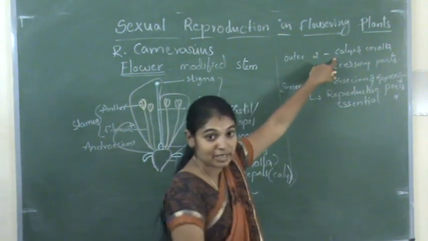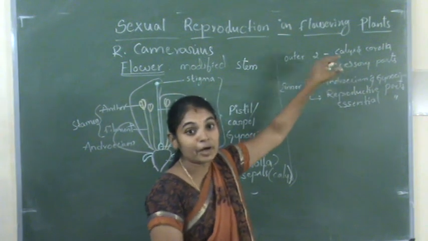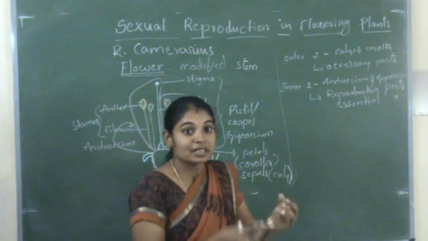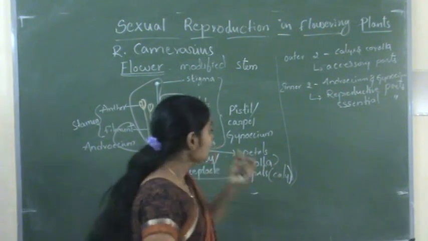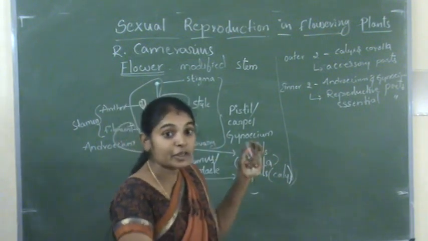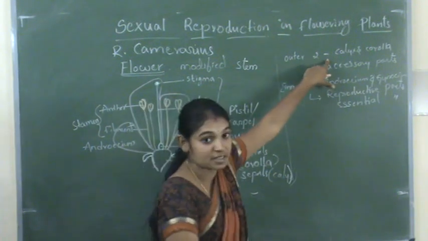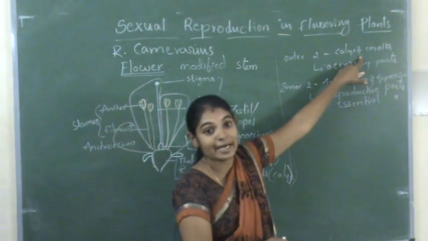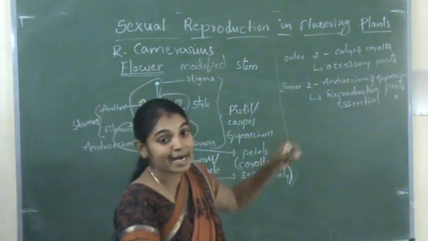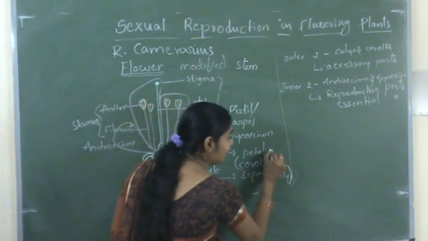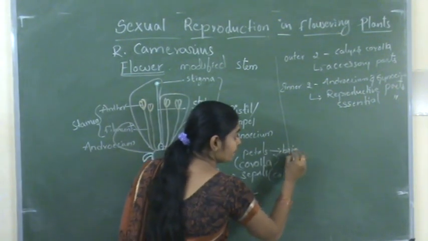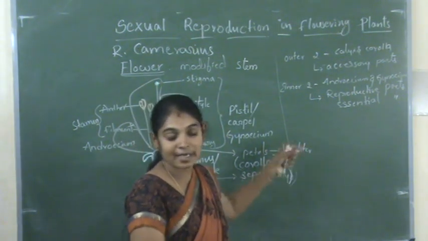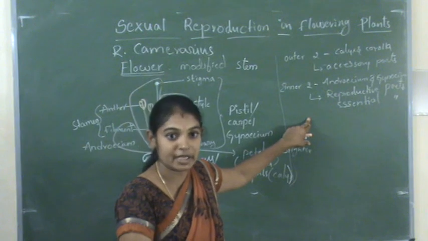So for the outer 2 whorls, what is the calyx function? Calyx is protective during the bud stage. When the flower is in bud stage, the internal parts like gynoecium and androecium are protected by the calyx, that is by the sepals. And corolla, which has petals, is attractive. The petals are brighter, and they attract insects and birds, which help in the pollination process.